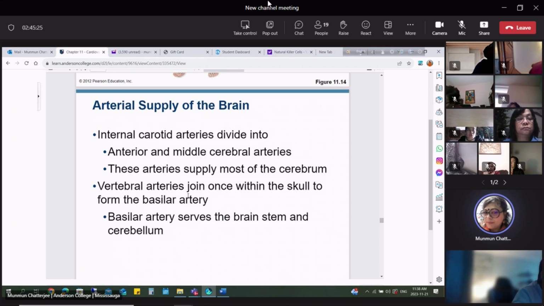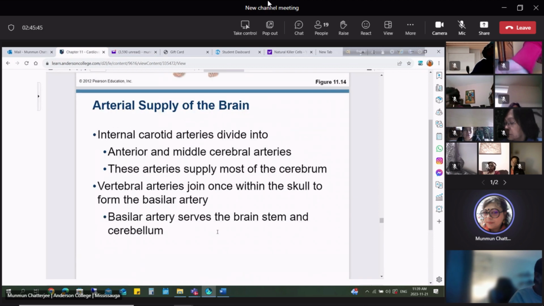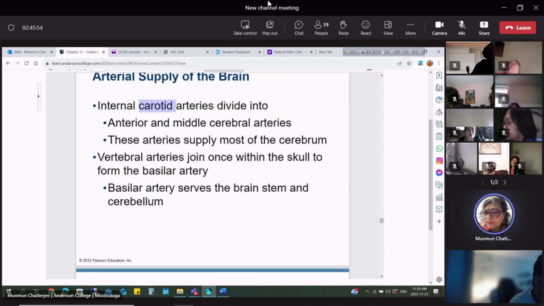Now, which serves the supply to the brain? We have the carotid arteries. The internal carotid arteries divide into anterior and posterior branches. That's all. The carotid arteries supply the blood to the brain. You don't need to know much more than that. So the cerebral or carotid arteries supply the blood to the brain. Just write it down.